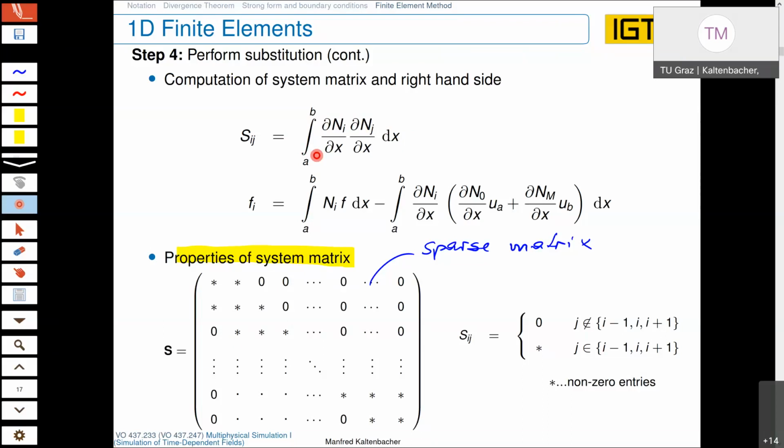Those who are present, okay. So you think it's somehow clear, because if you exchange i with j, what should be the case? It has to be symmetric. We will see it, because we will now, for a simple example, explicitly compute the entries of the system matrix and the right-hand side. Somebody knows why it is symmetric? At which point we already know if we have a symmetric system matrix or not? You have an idea?